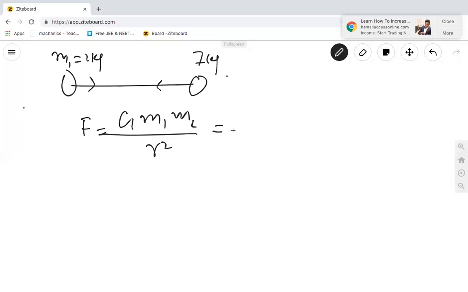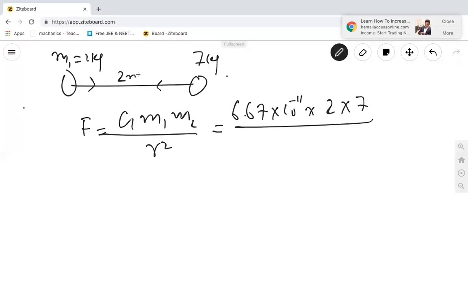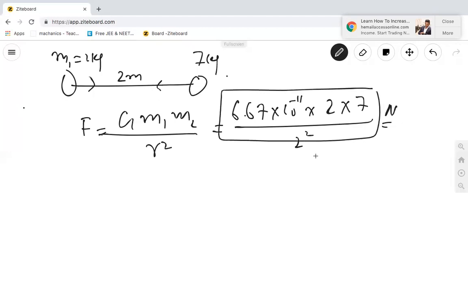So G is 6.67 times 10 raised to power minus 11, M1 is 2 kg and M2 is 7 kg, divided by R square, if it is, okay, 2 meter, 2 square. Calculate the value, get the answer in newtons. That's how it works.